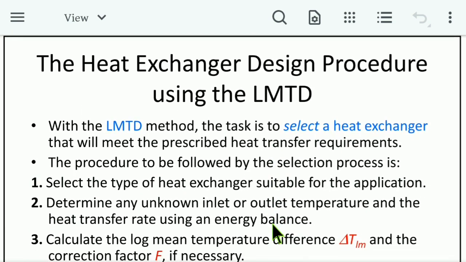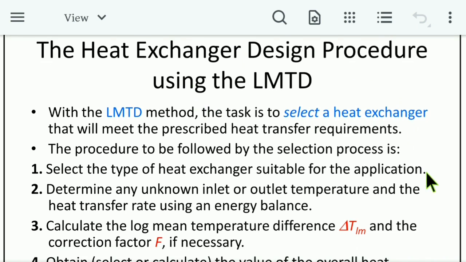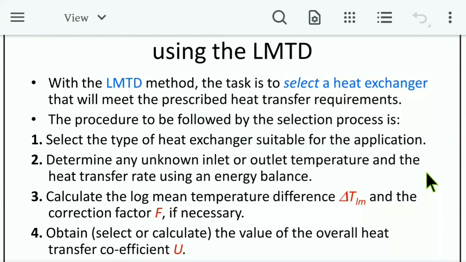The heat exchanger design procedure using the LMTD. With the LMTD method, the task is to select a heat exchanger that will meet the prescribed heat transfer requirements. The procedure to be followed by the selection process is: number 1, select the type of heat exchanger suitable for the application.